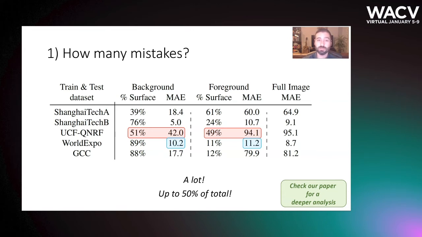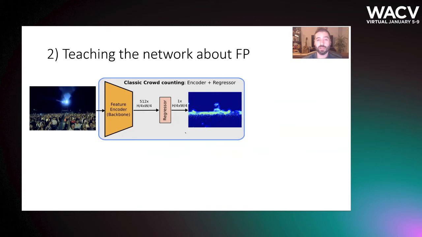So clearly, correcting these mistakes on the background is very important in order to further improve the performance of crowd counting and make it ready for real-world applications. Now, how can we actually help the network suppress these mistakes?